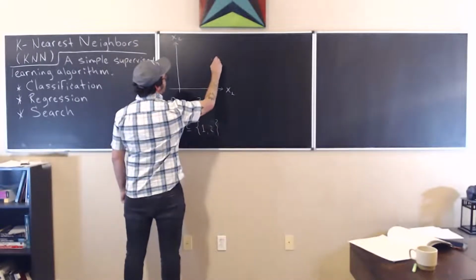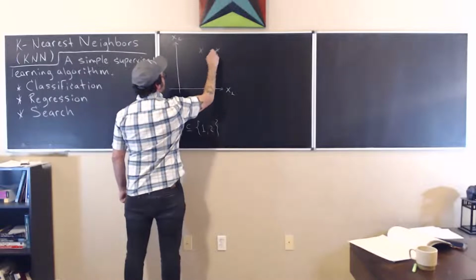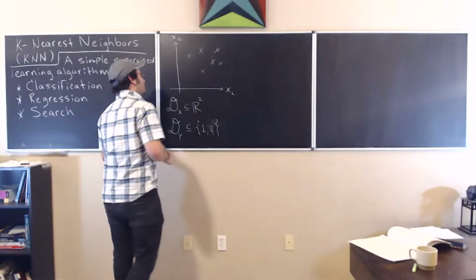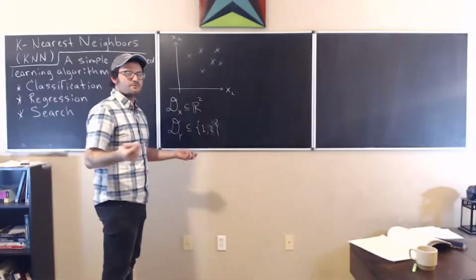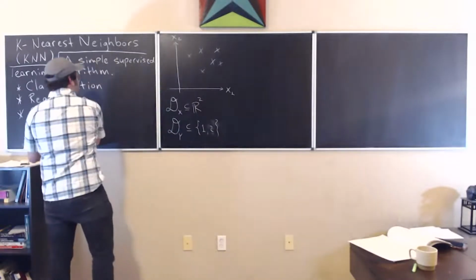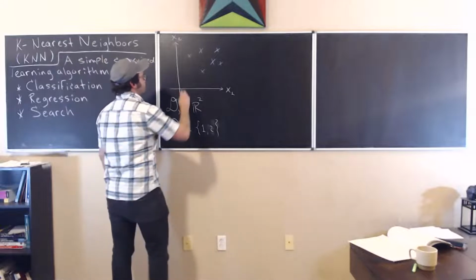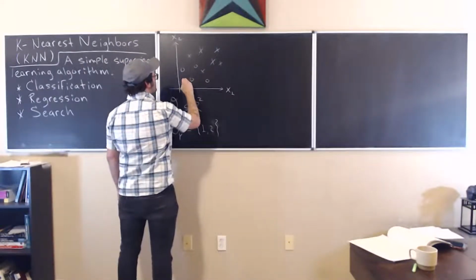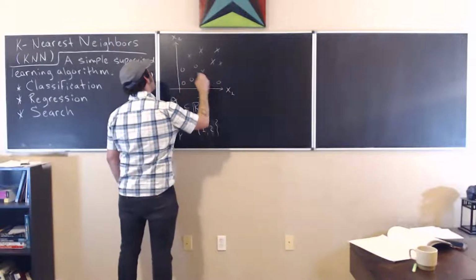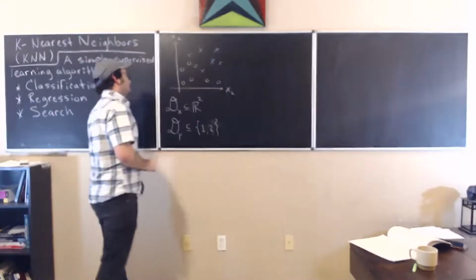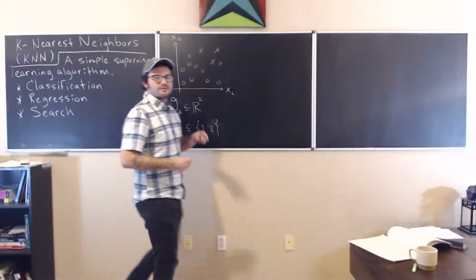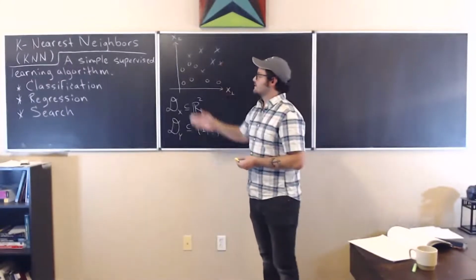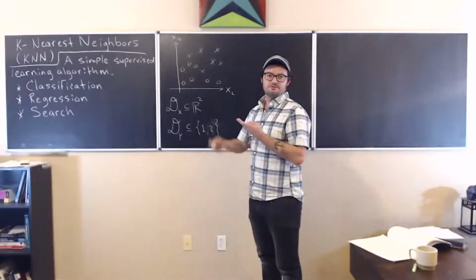Maybe this is type 1, the X's, and the other type of data is type 2. Notice that this is not a linearly separable data set. There is no line that cuts this data into two separate pieces.